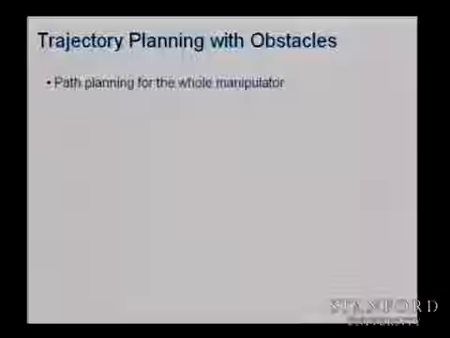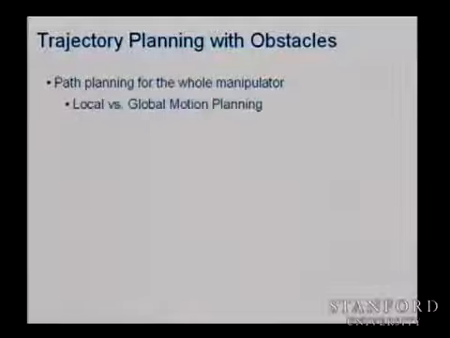So in that case, basically there are several considerations that we need to keep in mind. Let's say we have a 6 degrees of freedom Puma arm, right? So the question then is, do you plan a path for the whole manipulator? When you're doing that, are you dealing with the global motion in the space or the local motion where just the end effector is?